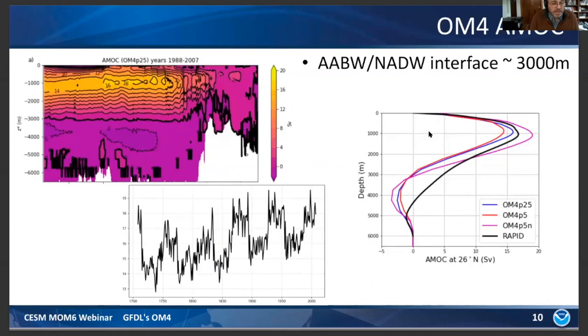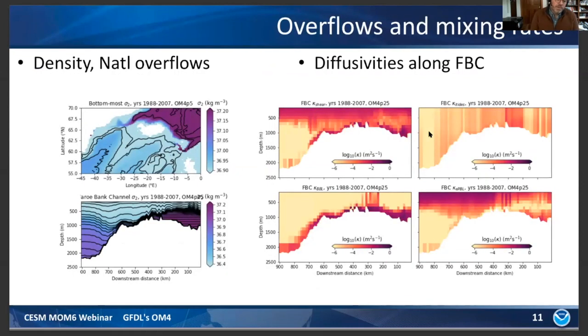So on the next slide, this is actually in the paper where we tried to analyze what might be going wrong, and we found that in fact we had set our interior mixing and our bottom boundary layer mixing to be incredibly strong.